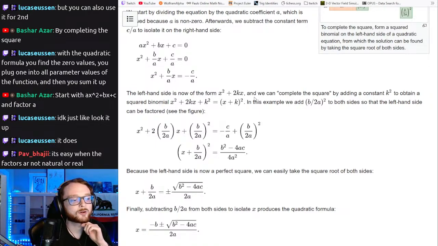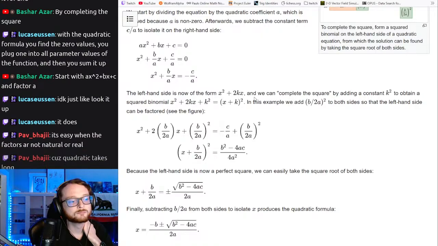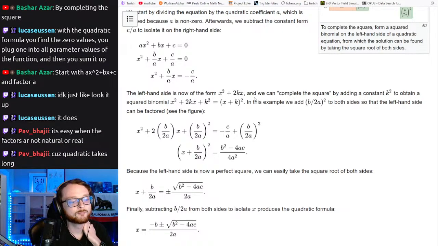Because even the factors are not natural or real. Yeah, it does.